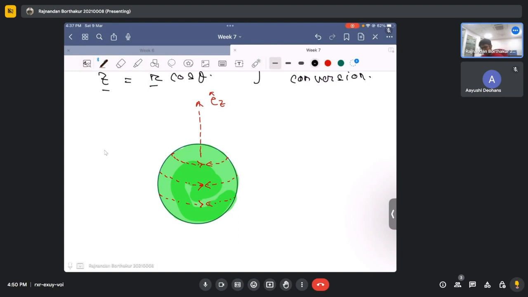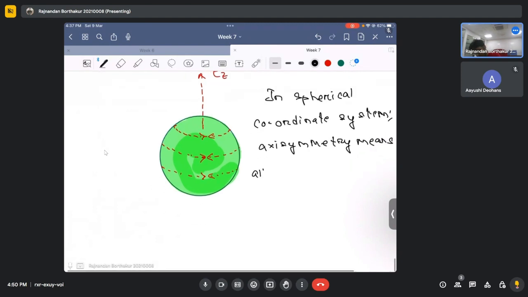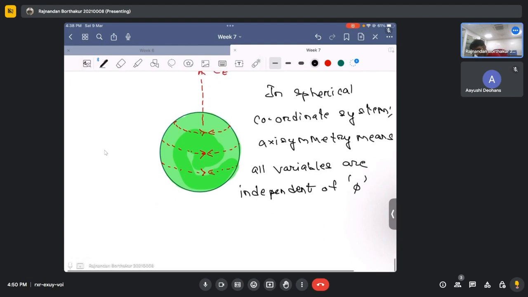So the idea is that in the spherical coordinate system, axisymmetry means all variables are, I would say, independent of the polar angle phi and its derivatives.